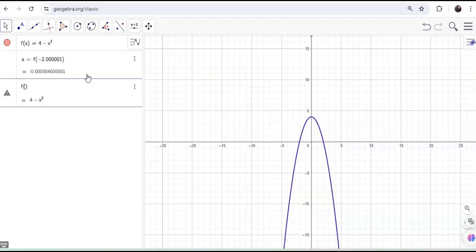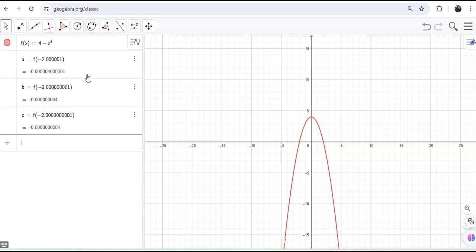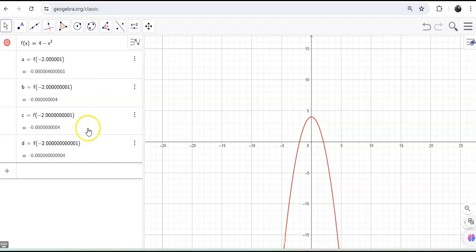Okay, and then another x value less than negative 2 and very close to it, and this is the y value. Okay, so you continue the process, then eventually GeoGebra will showcase that the limit of the function 4 minus x squared as x approaches negative 2 at the left side will be equal to 0.